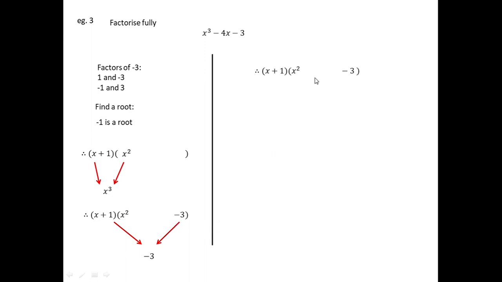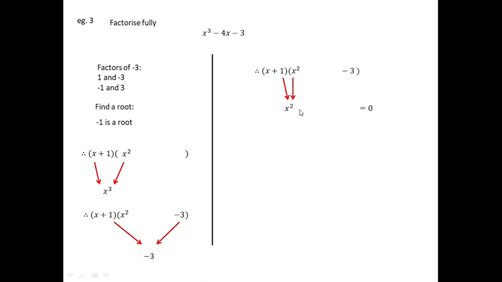Then we move on to say, well, this middle term here, how do I work that out? Well, I first look at these two. The 1 times the x squared gives me x squared. But in my original cubic expression, you will notice there's no x squared at all, which means the value of the x squareds is 0. So I need to ask myself, this x squared combined with what would give me 0?